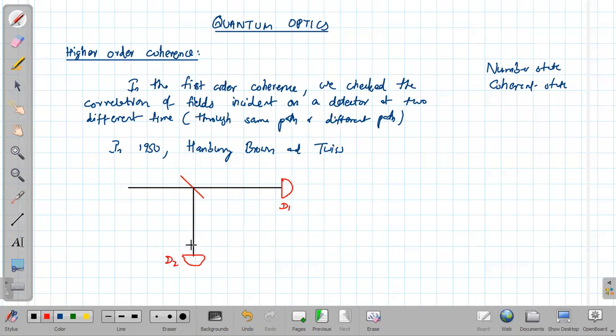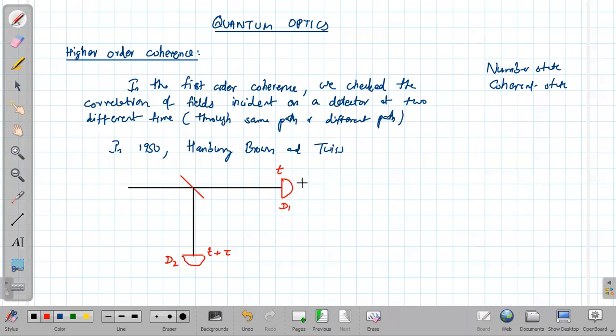Although they are at the same distance, they detect the light at two different times. Suppose detector D1 detects at time t, and detector D2 detects the light only at t plus tau. So this tau is a time delay, a variable time delay.